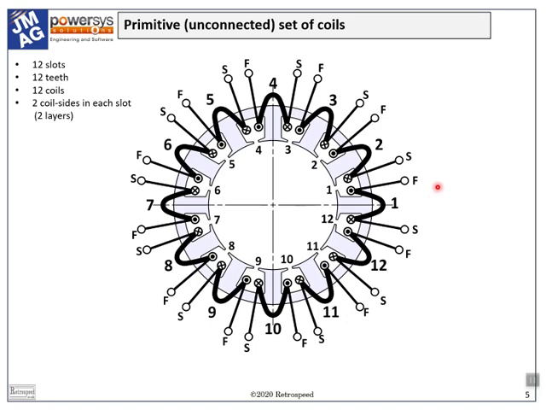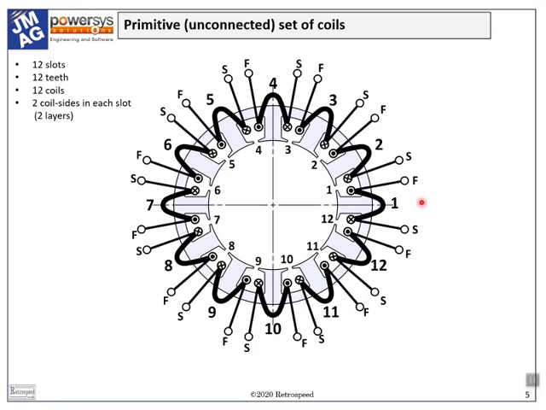Our next task is to connect or interconnect the coils into three separate three-phase circuits with the correct polarities. This looks a little bit daunting even with only 12 coils, so we need an organized procedure. The procedure I'm going to describe here is very informal and even personal.